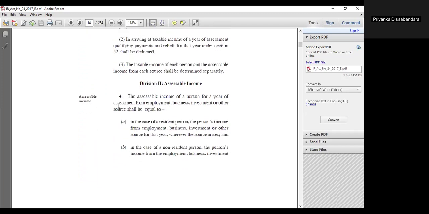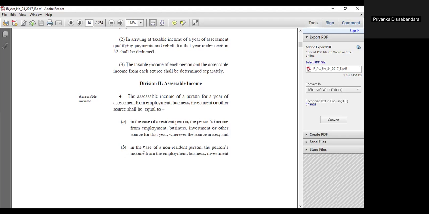Assessable income is provided under section 4. It says the assessable income of a person for a year of assessment from employment, business, investment, and other source shall be equal to, in the case of a resident person, the person's income from wherever the source arises. That means world income.